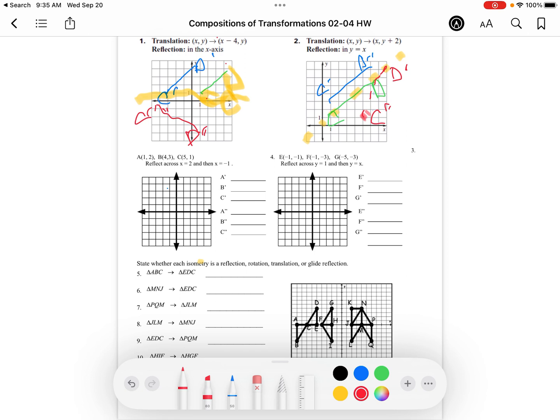We start with 3 reflecting across. This is a triangle. There's 3 points. So the original ABC is shaped something like this.